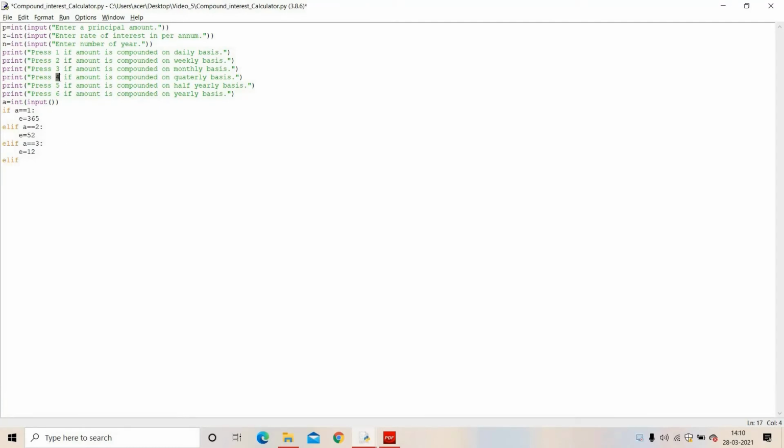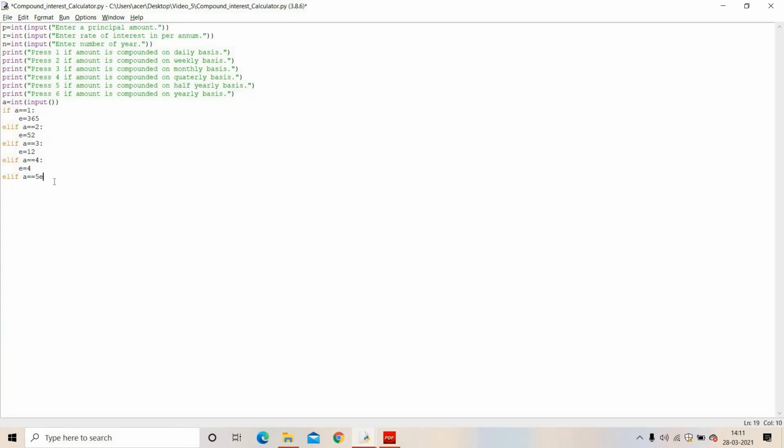Similarly, if user press 4, then it will be computed quarterly basis and there are 4 quarters in a year. So E is equal to 4. If user press 5, then we have to compute half yearly basis.